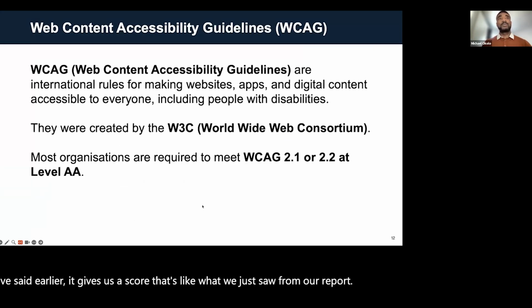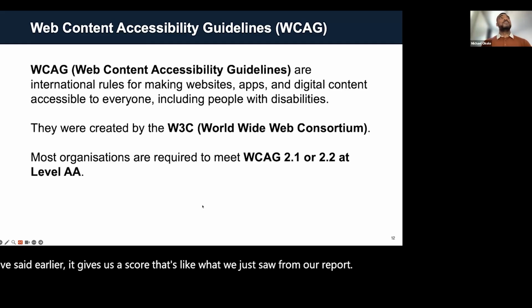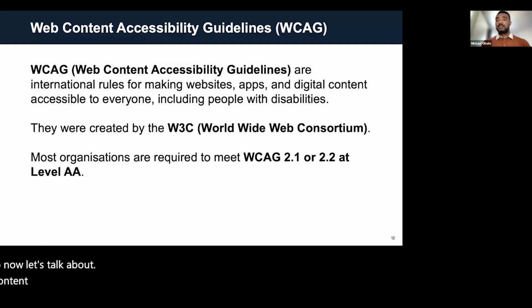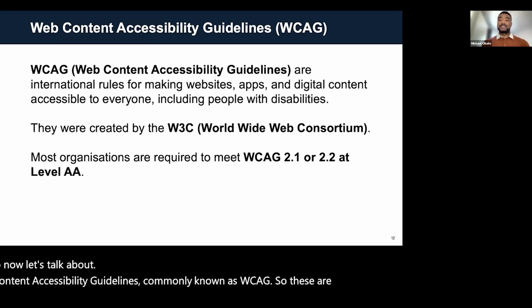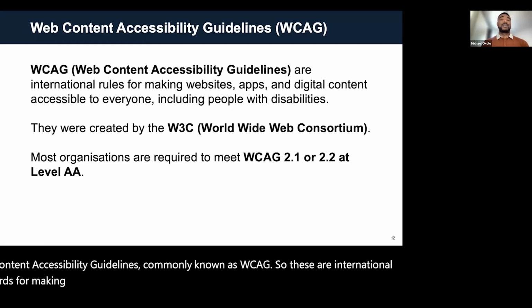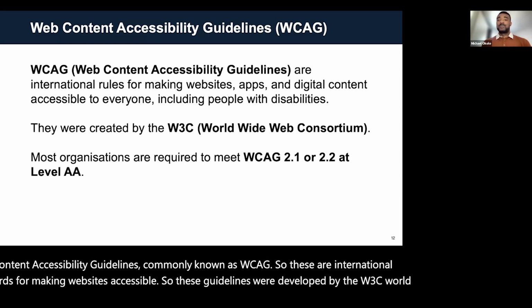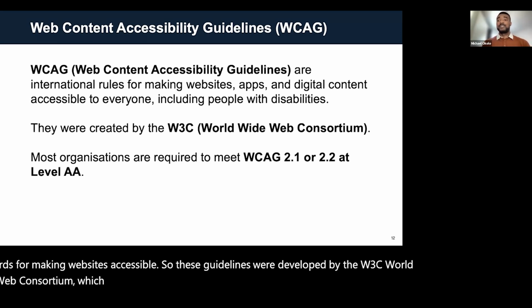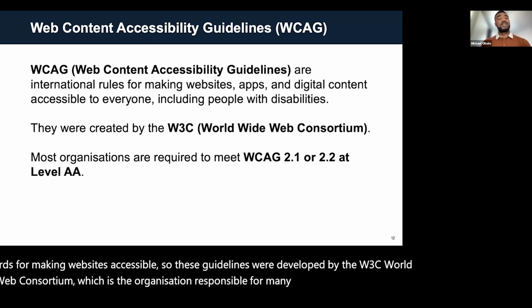So now let's talk about Web Content Accessibility Guidelines, commonly known as WCAG. These are international standards for making websites accessible. These guidelines were developed by the W3C, the World Wide Web Consortium, which is the organization responsible for many of the core web standards.